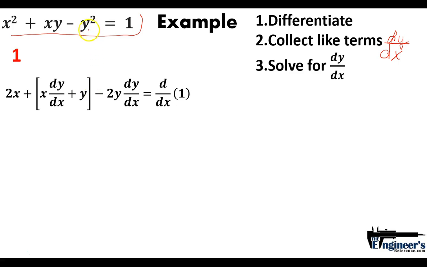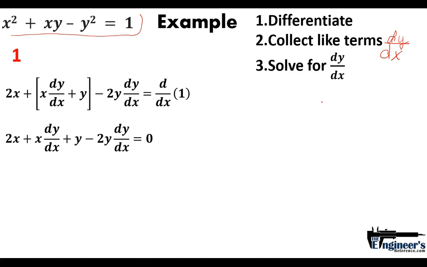Then the last term is y squared, which is still the chain rule: you've got 2y times dy over dx. And then the derivative of 1 is 0. So now we've got this equation: 2x plus x dy over dx plus y minus 2y dy over dx equals 0. That was step 1.